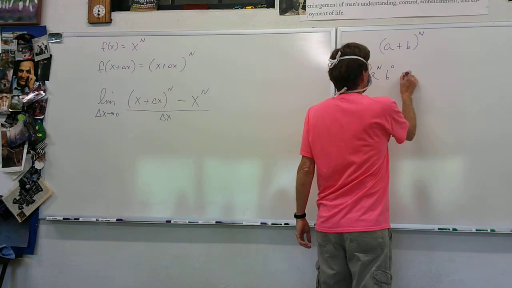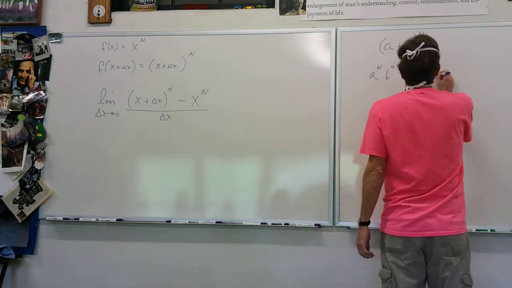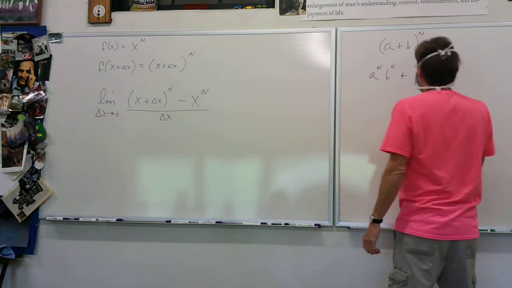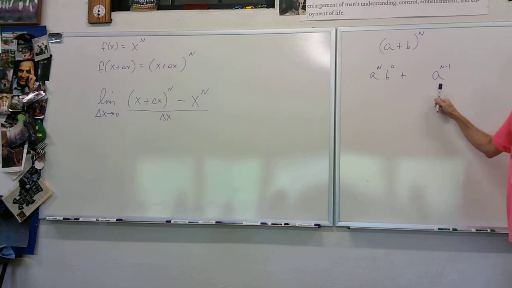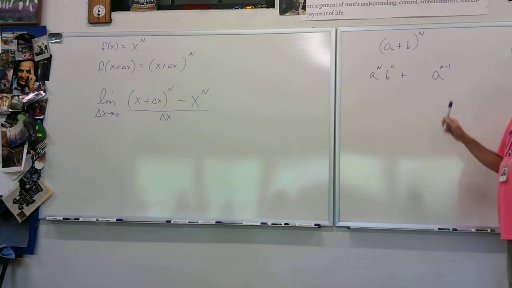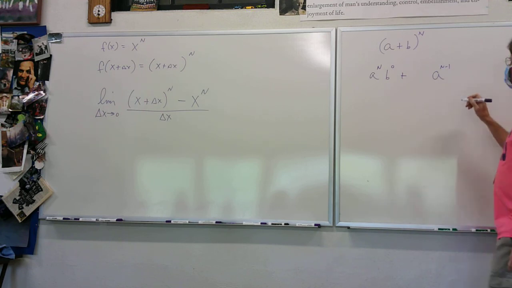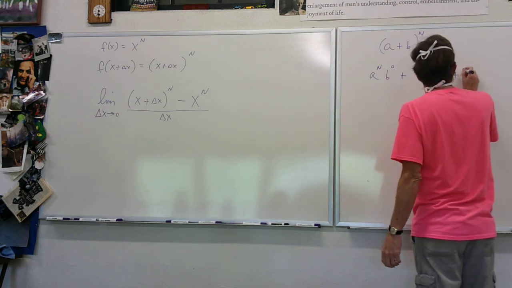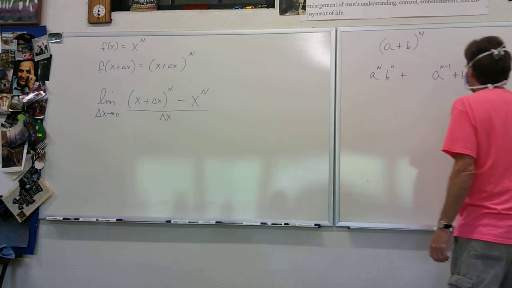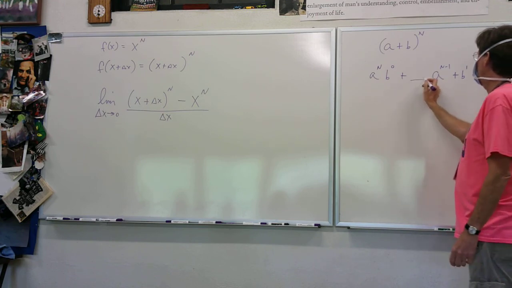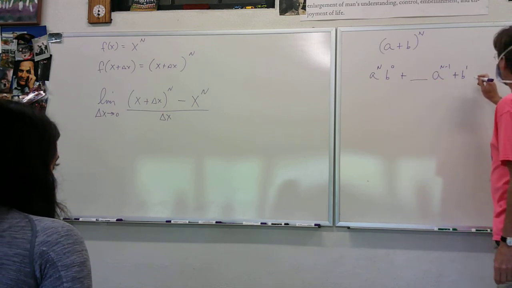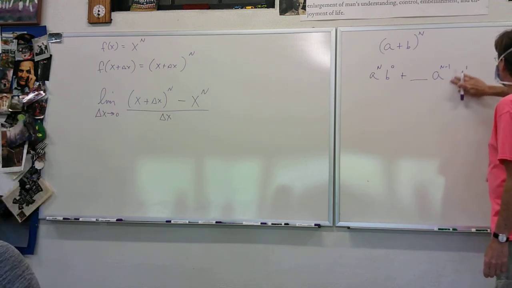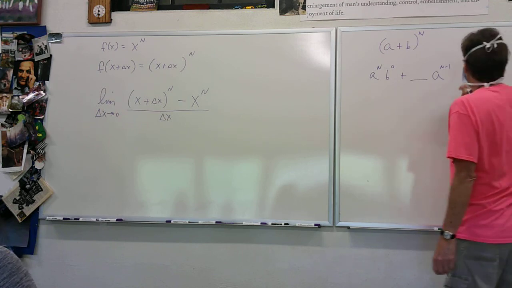Plus, and y'all realize the power above the a goes down by 1. Is that okay? Think about if you have x plus 2 cubed. The first term is x cubed, right? Okay? And then it goes down by 1 power, but the b value has to go up by 1 power. I'm leaving a blank right here. We'll come back to fill in that blank. B to the 1 power.